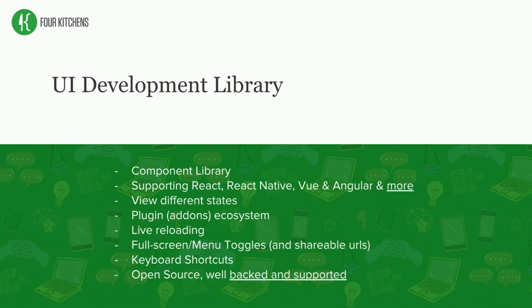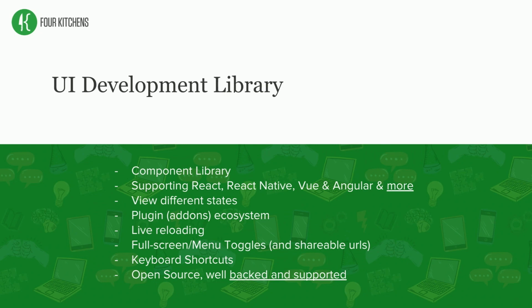There's actually a lot of things that you can do with it. This is not an exhaustive list, but viewing and seeing components in different states. There is a robust add-on ecosystem that's kind of blessed by the Storybook people and also just open in the community. So there's a lot of add-ons out there. We'll talk through a few of those later.